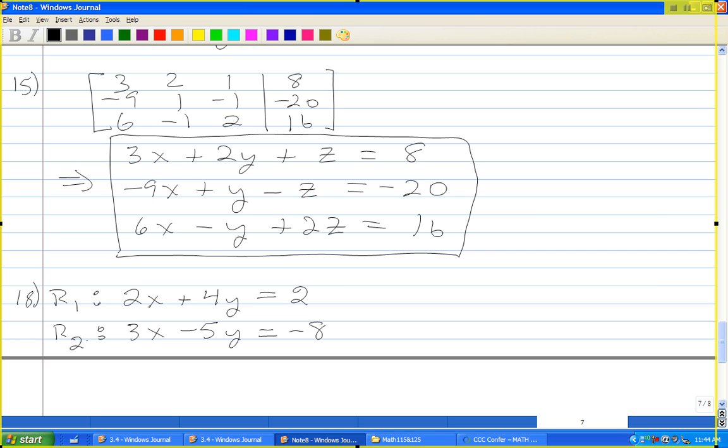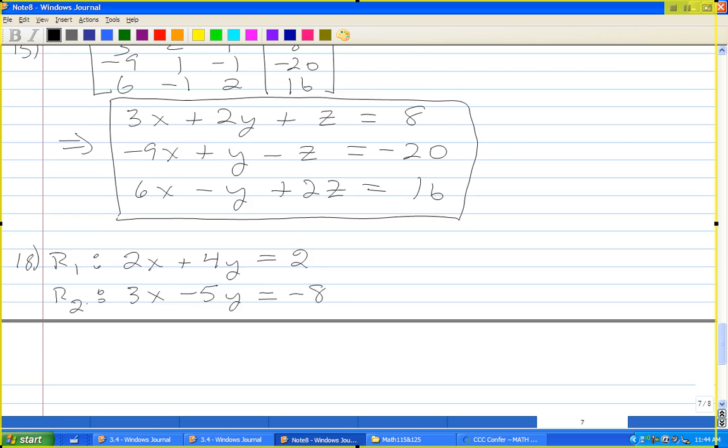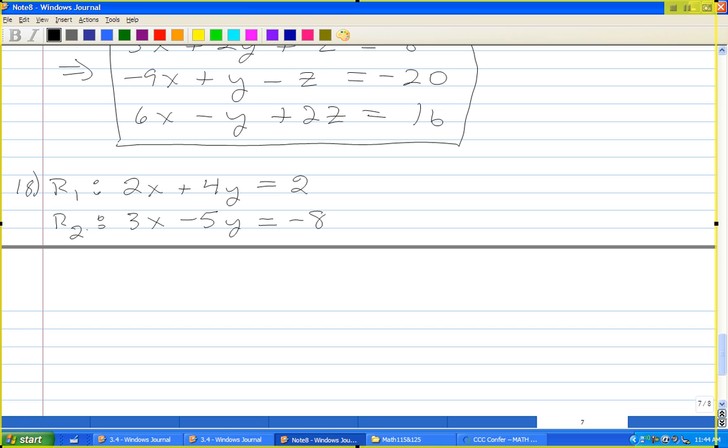So let me solve this the way that we've done it before, and then I'll show you that really this is the same method that we've been doing before. And so if I look at row 1, actually I can simplify it.